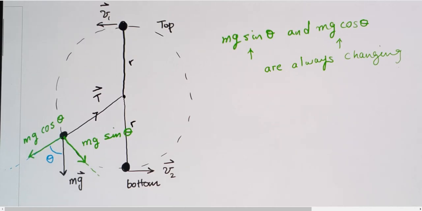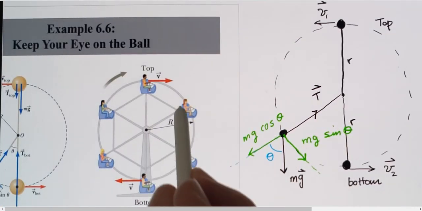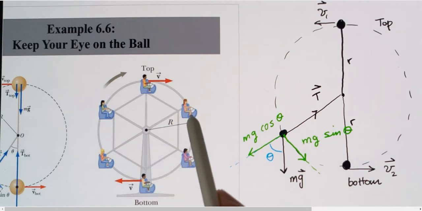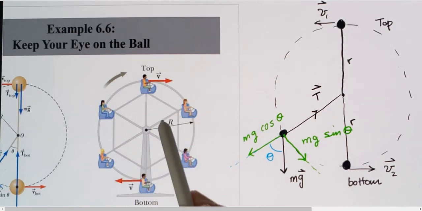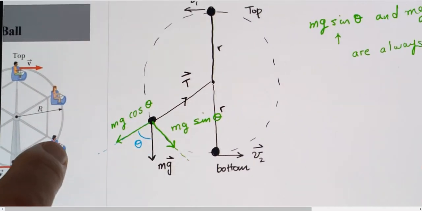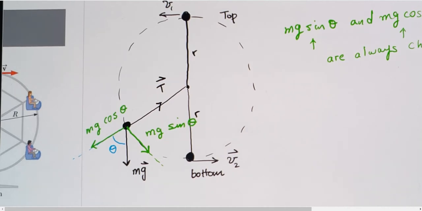Previously, in a uniform motion, you had a sturdy structure, so it would force the object to go into a uniform circular motion, meaning it would force the object to go at a constant speed. Now it's only a string, so mg sine theta and mg cosine theta are always changing.